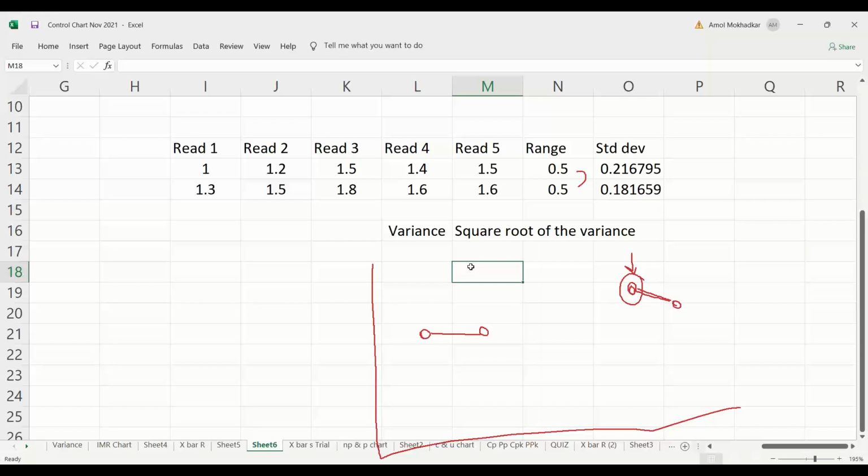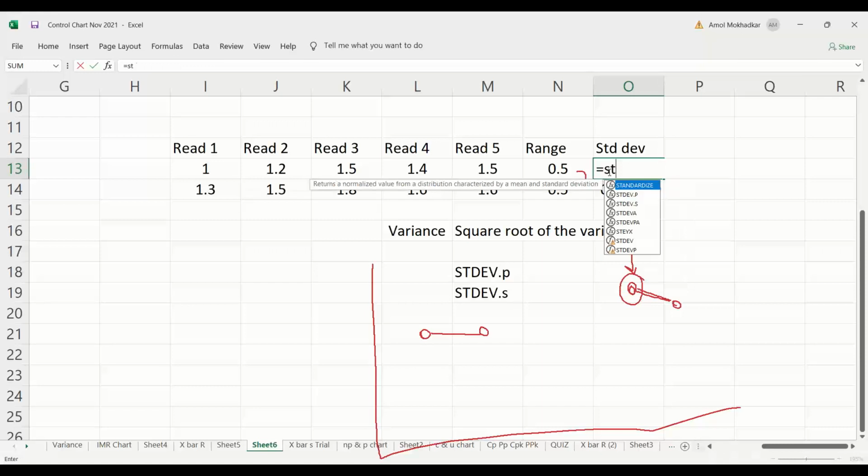One, where you are taking all the data, it is a true representative of the entire population. So if the data is from the entire population, you are going to use stdev.p, okay, and if it is from the sampling basis, then stdev.s. So we have used here the formula stdev.s.